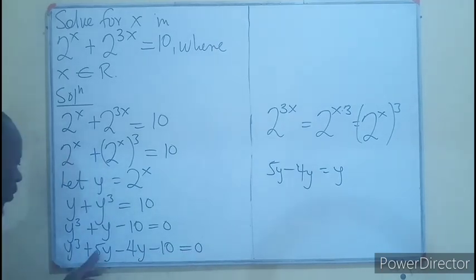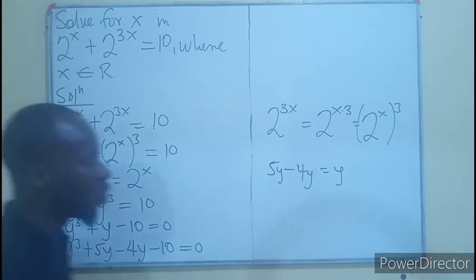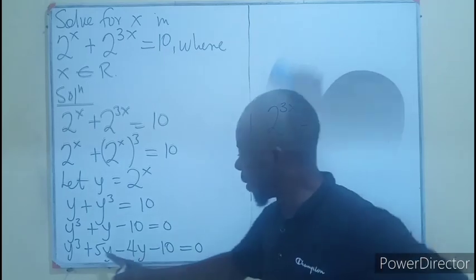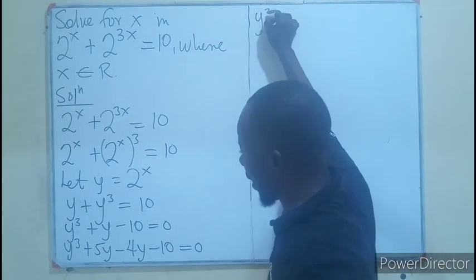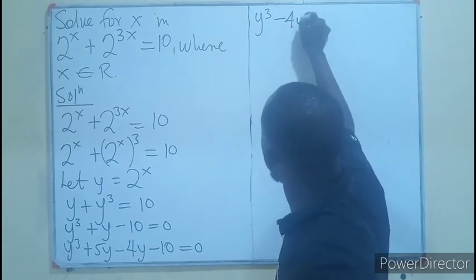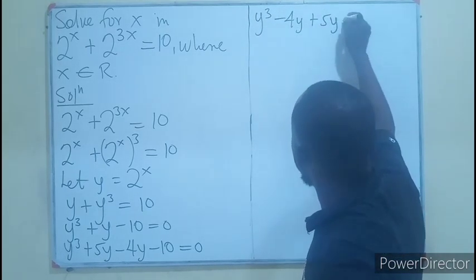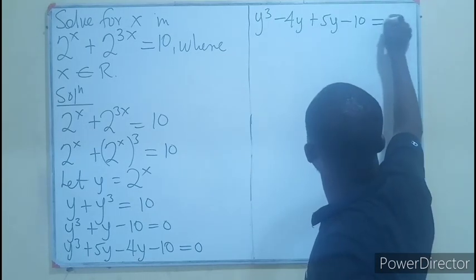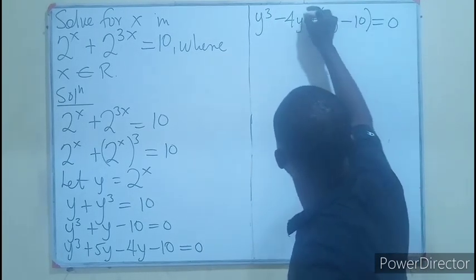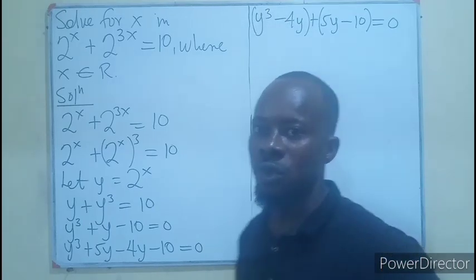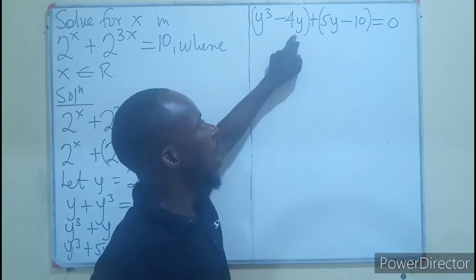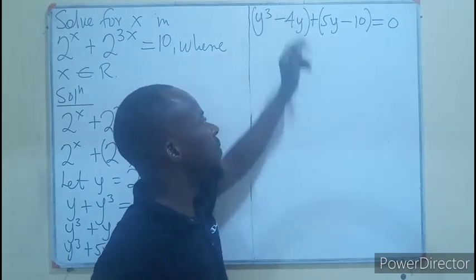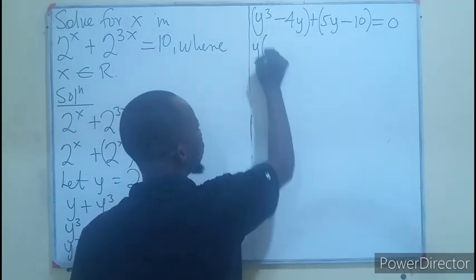So now we group 2 terms in order to find the common factors. Let me bring the 5y closer to this. So it's going to be y^3 - 4y + 5y - 10 equals 0. Looking out for common factors in the first two and the last two. In y^3 and 4y, we can factorize y out.